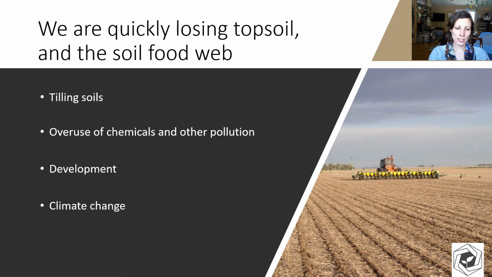Development, as I mentioned, is converting a lot of good soil and wetlands and forests into impermeable surfaces, and then a spin-off negative effect of this is we are seeing increased erosion.